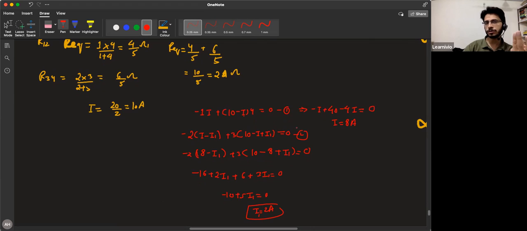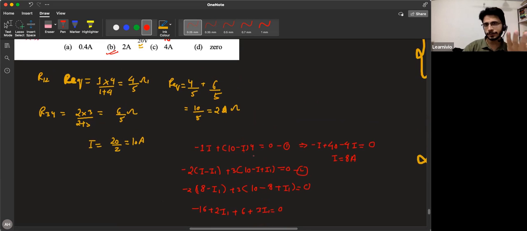I just used the series and parallel combination, along with that I combined the Kirchhoff law. You can get these types of questions in your board exams.